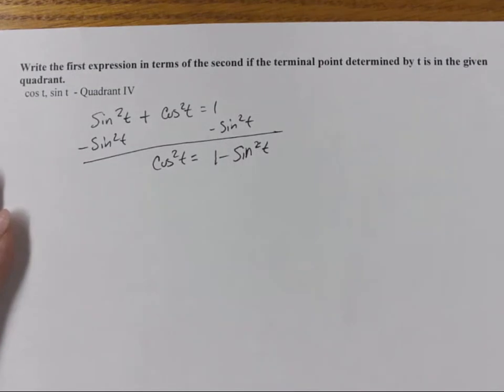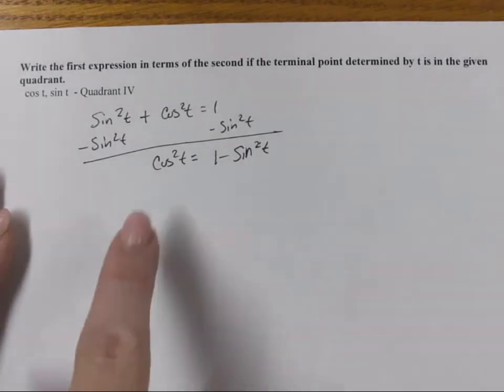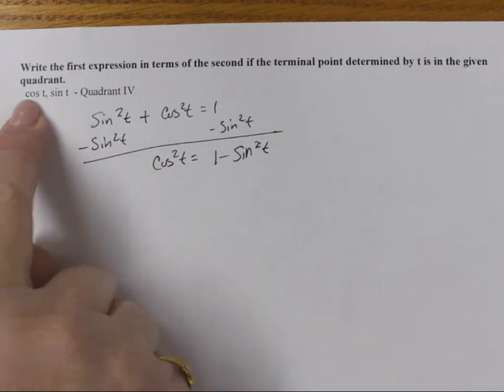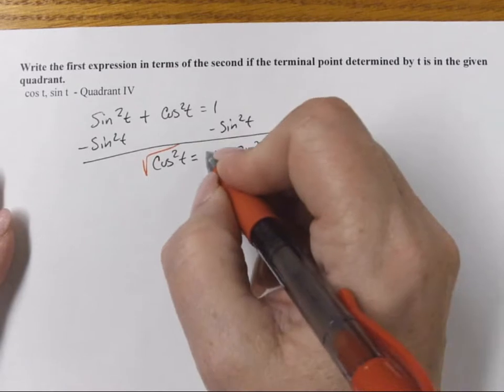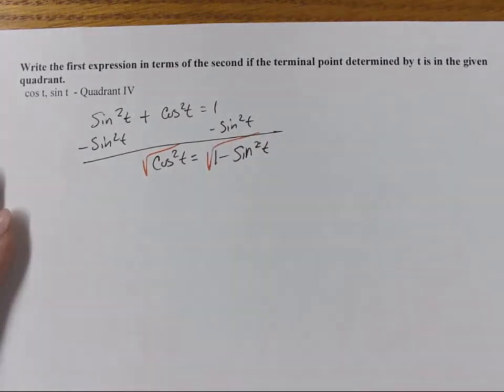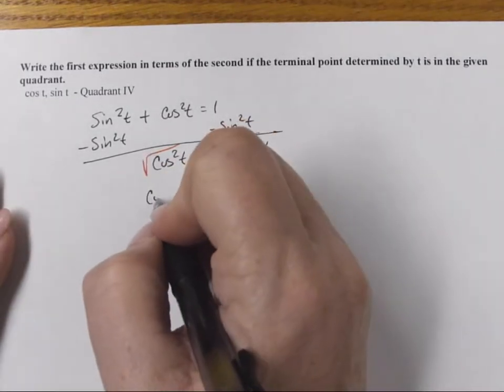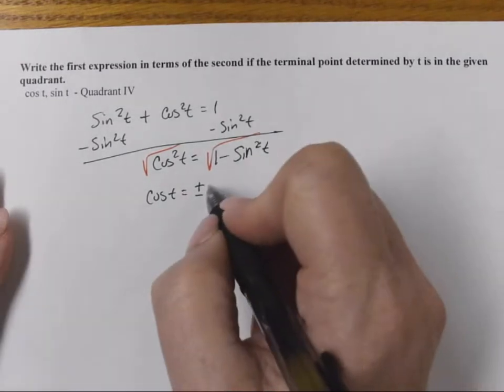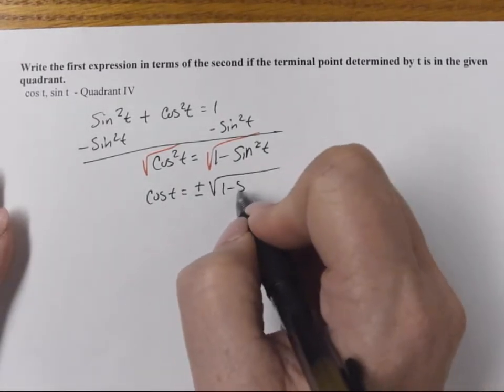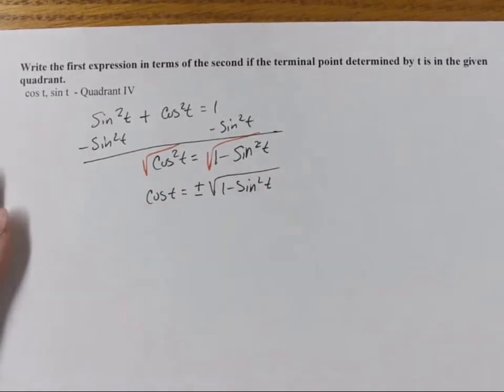Now once I've gotten to that part and I've got cosine squared t on one side, I actually need it in terms of cosine, not cosine squared. So I'm going to take the square root of both sides. So that will get me cosine of t is equal to, don't forget the plus or minus, because whenever you introduce the radical, it's going to be plus or minus the square root of 1 minus sine squared t.